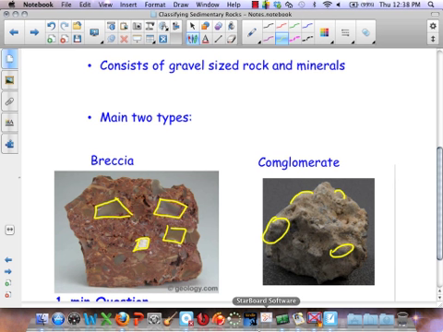So the conglomerate has spent more time being rolled down the riverbed or being rolled over in the tidal regions. And the same thing here, breccias, less time in that environment. So it's not that they don't take as long to form, they just simply spent less time in that environment.